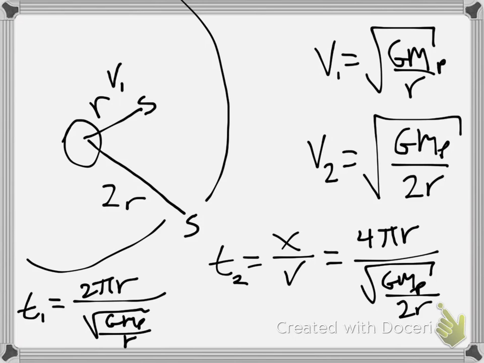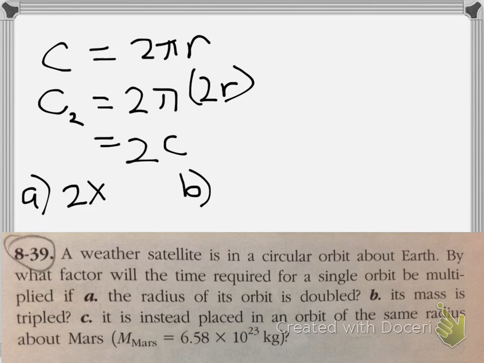Okay, so in order for this satellite to stay in orbit, it has to have v1. In order for this satellite to stay in orbit at 2r, it has to have v2. And then the time that it takes to orbit will just be the circumference divided by the velocity. And then they asked, how many times bigger?